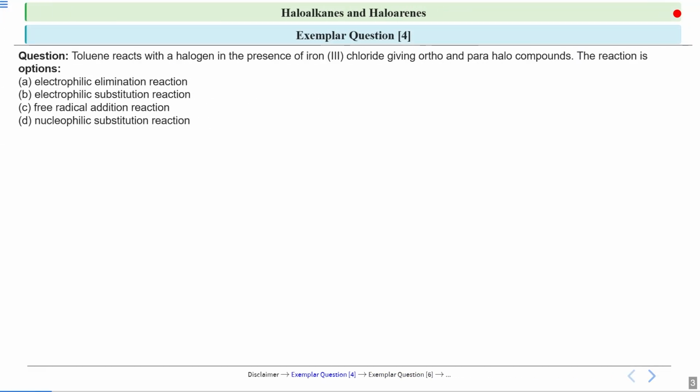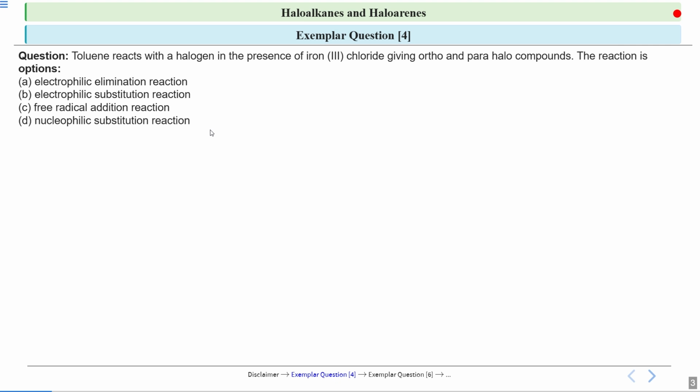So let's begin with our first question, the exemplar question number 4. The question is: toluene reacts with halogen in presence of iron plus 3 chloride, giving ortho and para halogen compounds. You are given a reaction where toluene reacts with halogen in presence of iron chloride as a catalyst, and we get ortho and para substituted halogen compounds as our products.